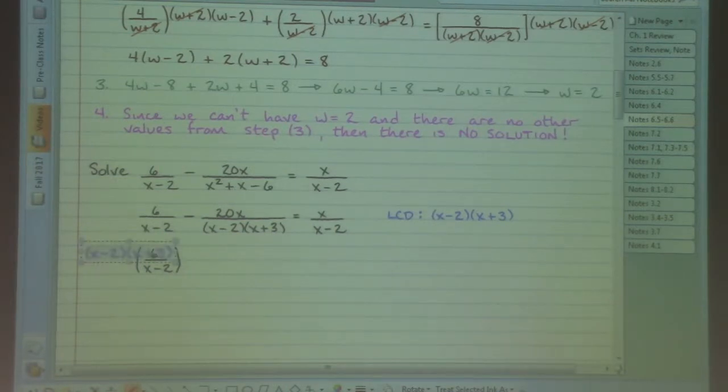So let's go ahead and get more quickly to the heart of the matter by doing just that.